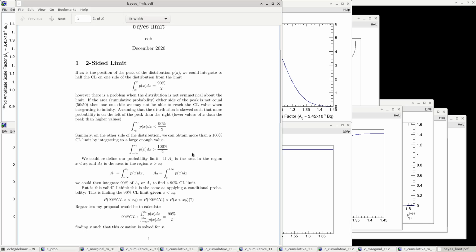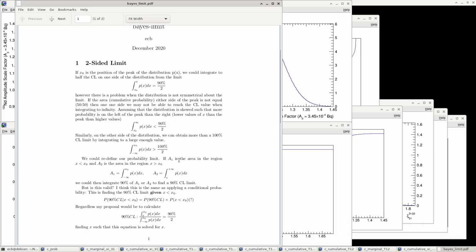And similarly, in the other direction, if we integrate to infinity, we would obtain more than 100%, which doesn't make any sense. So we could redefine these limits, and this is my proposed solution, but I don't know if it has a statistically meaningful interpretation or whether there's a better way.